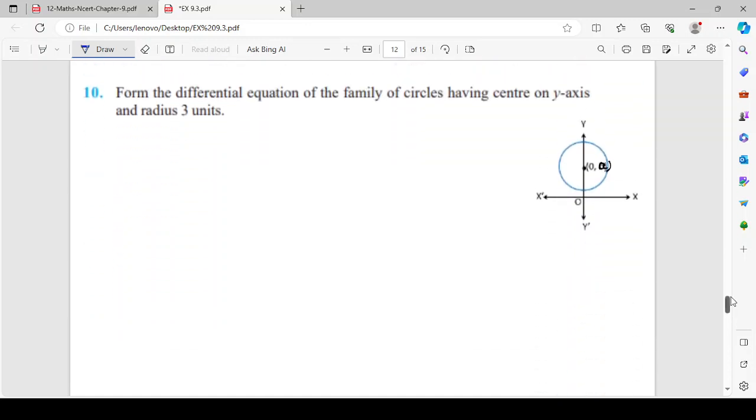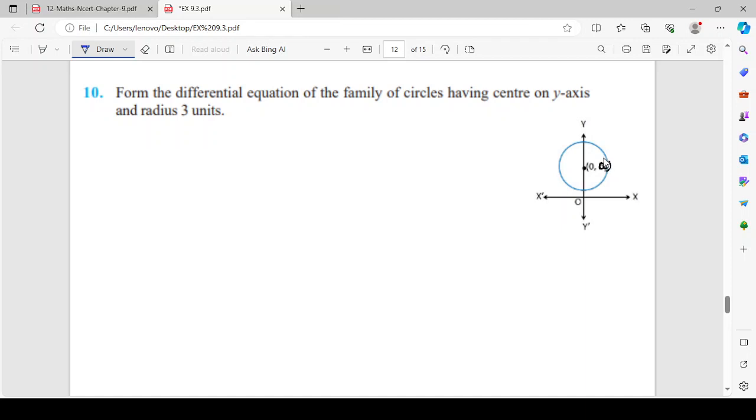The 10th question. Form the differential equation of the family of circles having center on y-axis and radius is 3 units. So the sixth problem, I guess, like what we have done, was a family of circles touching the y-axis at origin, right?